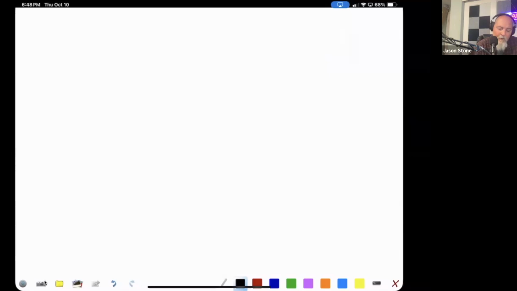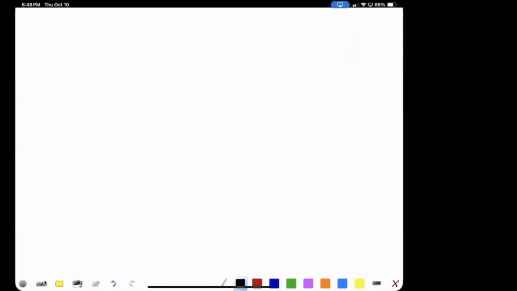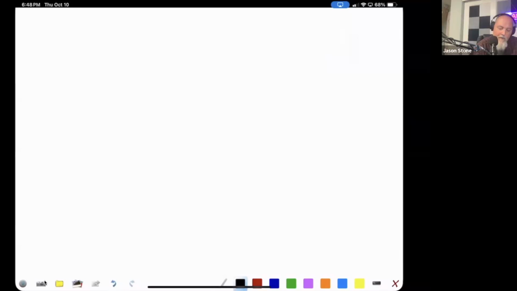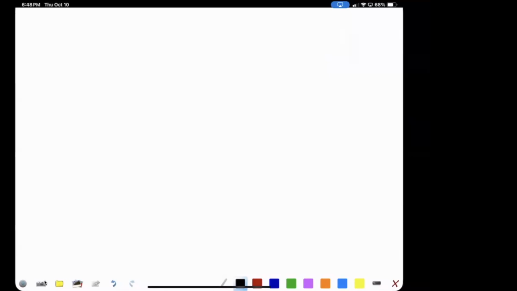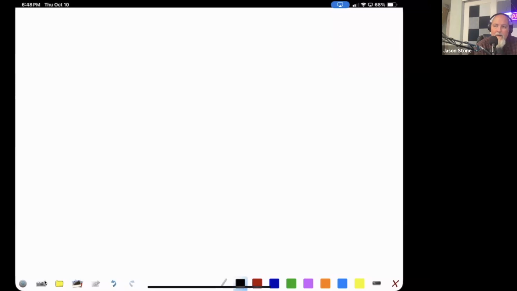Moisture content equals 100 minus quality, so 15% moisture content. Make sense? 15%, because it's 100 minus 85. And that's the moisture content. Yep.